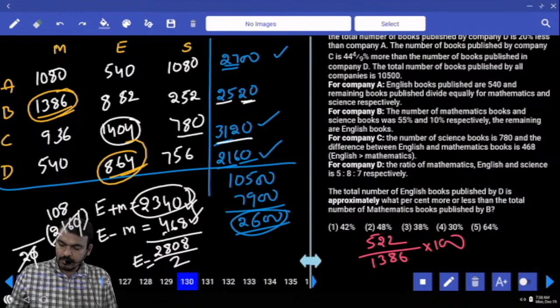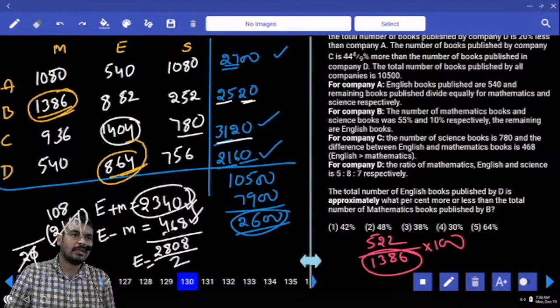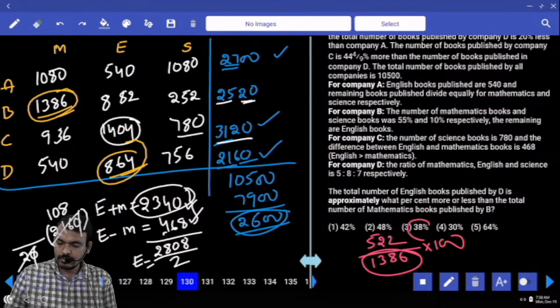What is the 10% of 1386? 138.6. 20%, 276 something, or 40%, 540 something. It must be less than 40%, but nearby 40%. Which option? 38.